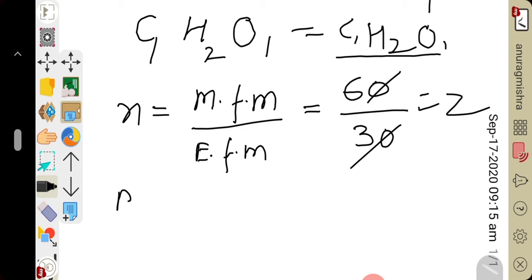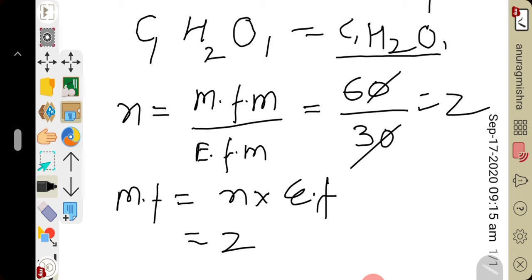Now come to the molecular formula. How to calculate the molecular formula? Molecular formula is equal to n into empirical formula. The value of n is 2. Here we got 2 into the empirical formula CH2O.